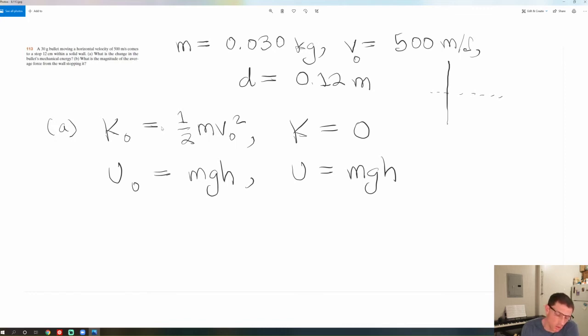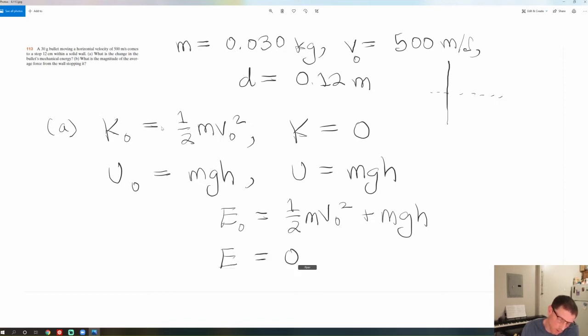So, but if you wanted to write it, you could, and you would see that, for instance, E naught is just going to be 1/2 m v naught squared plus mgh. And another reason I think it's safe to assume this is because we're not told anything about the y position, essentially, right? And E final is just going to be 0 plus mgh.